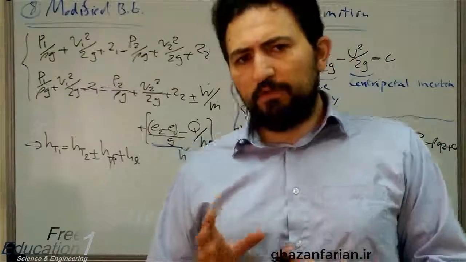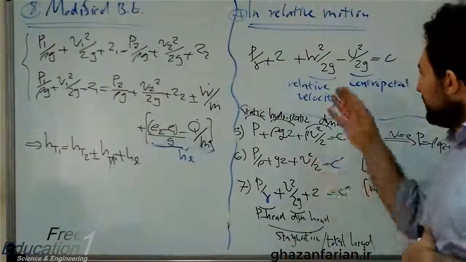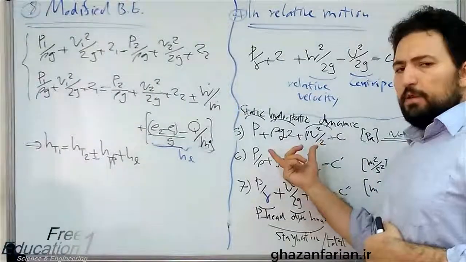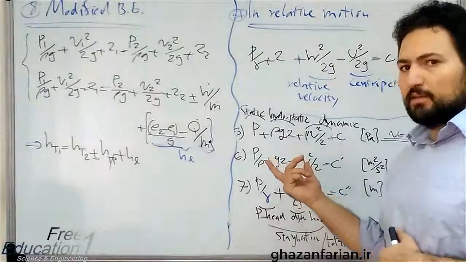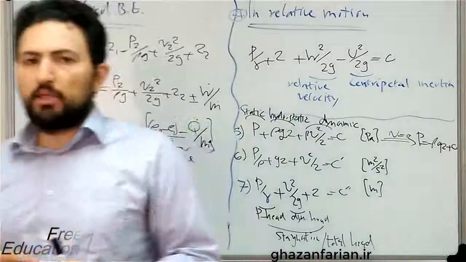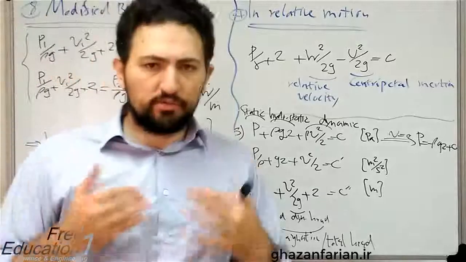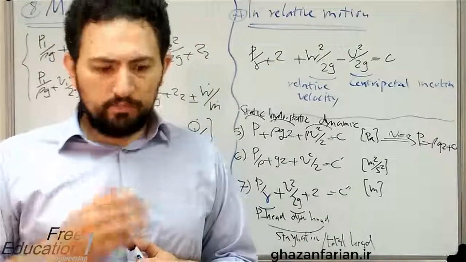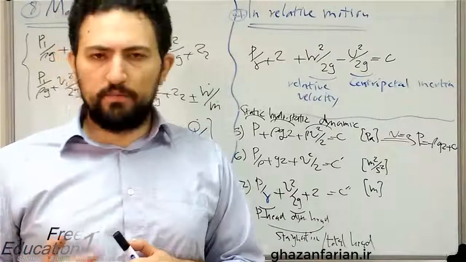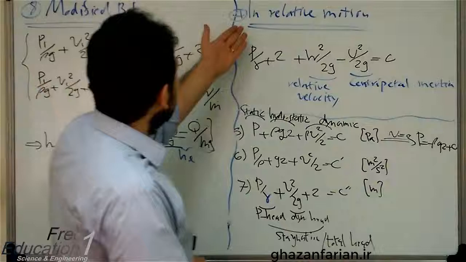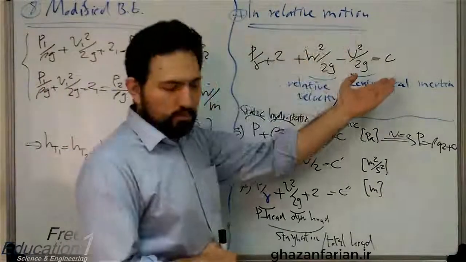So, in the derivation of the standard form of the Bernoulli's equation, for example, this one, we have ignored the existence of such relative accelerations. If you include the centripetal acceleration or the centrifugal force in the procedure of derivation of the Bernoulli's equation, the final equation is the Bernoulli's equation in relative motion.